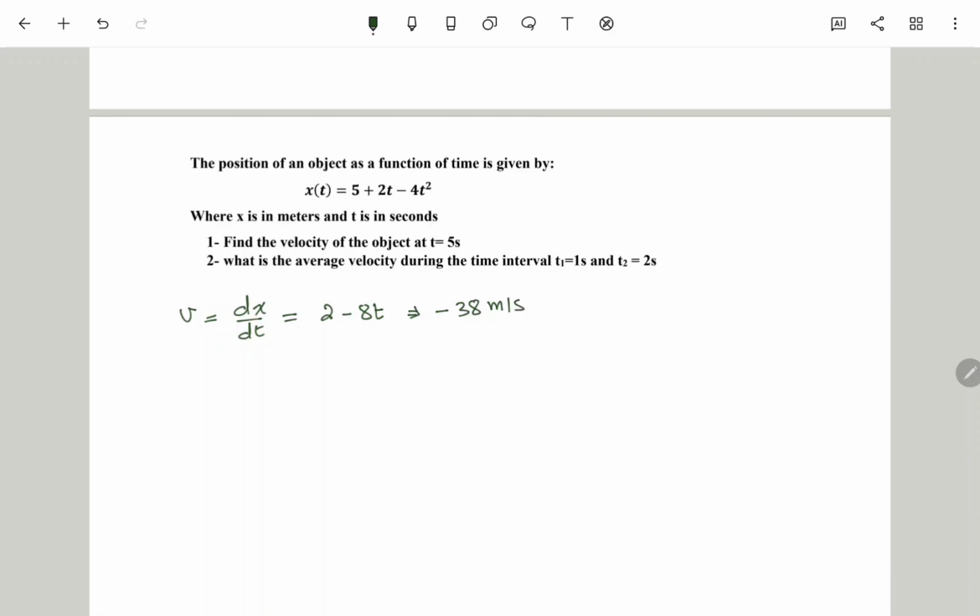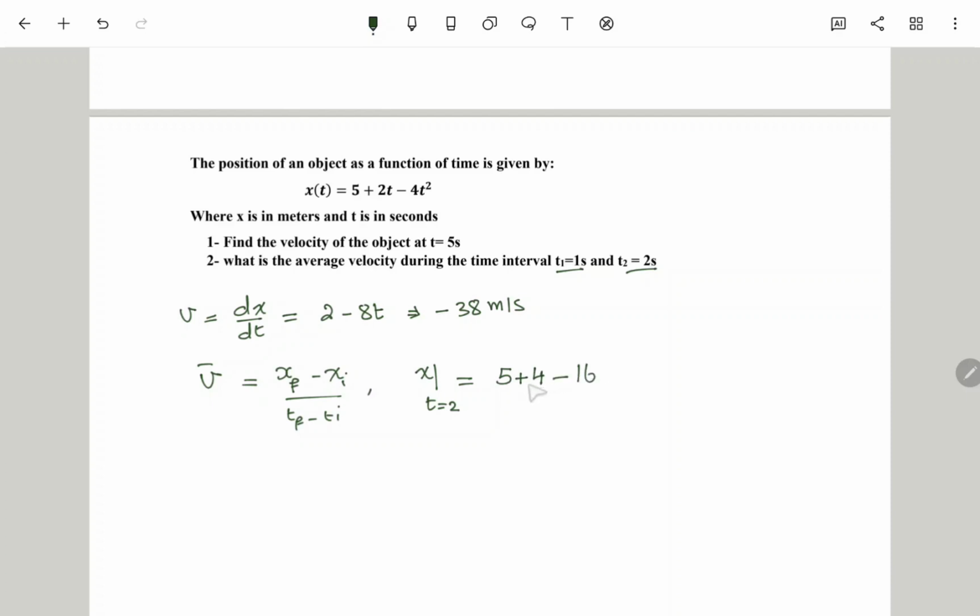What's the average velocity during the time interval 1 to 2? The average velocity is equal to x final minus x initial over t final minus t initial. Let's calculate x at t equal to 2. Substituting 2 seconds in this equation, we get 5 plus 4 minus 16.